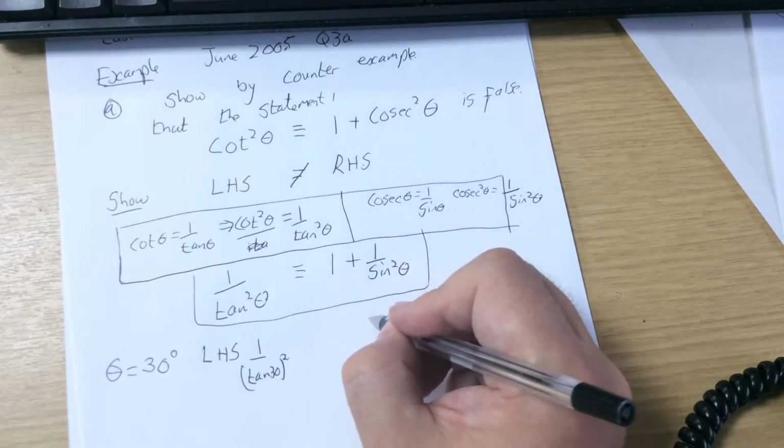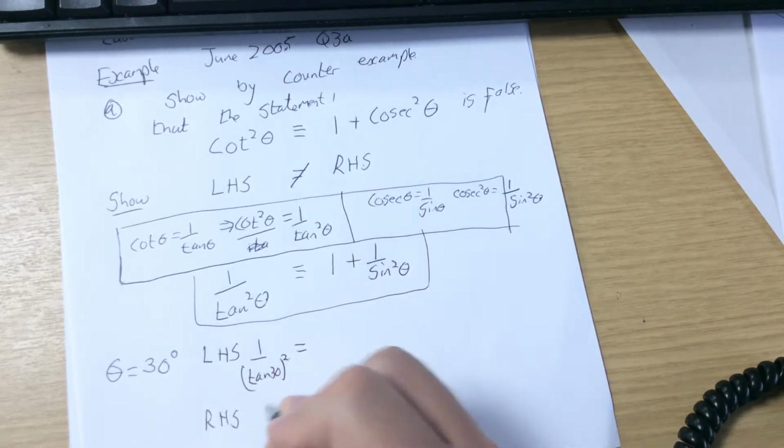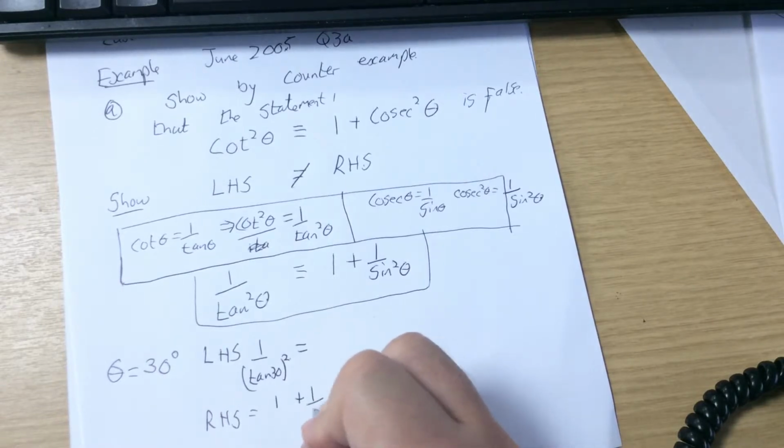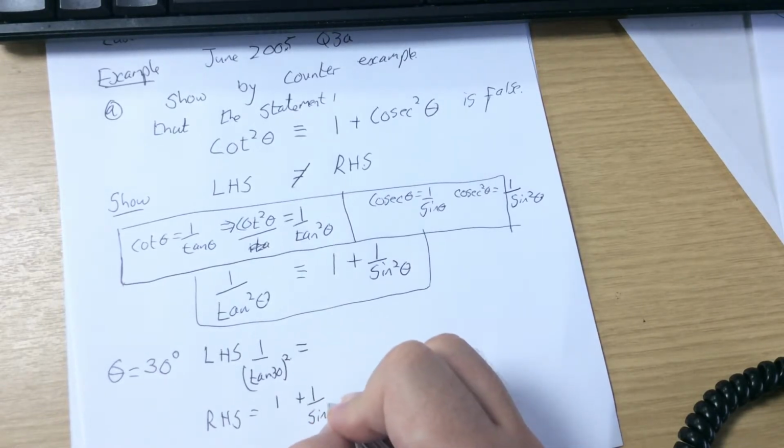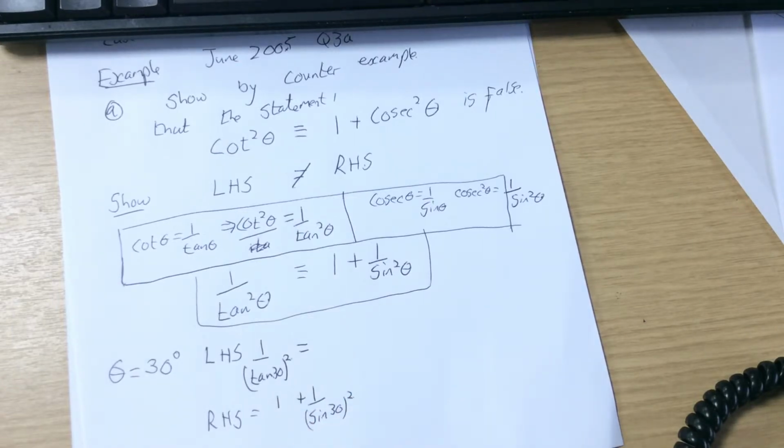My right hand side would then be 1 plus 1 over sine squared 30, which is sine of 30 squared. We work them two out, and hopefully it'll give us different values.